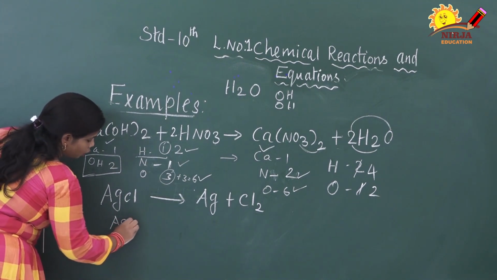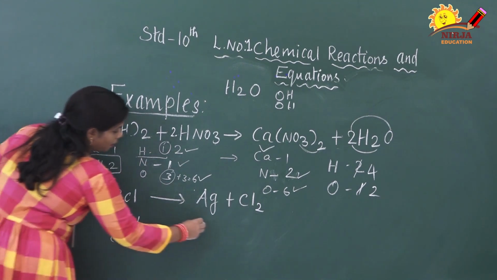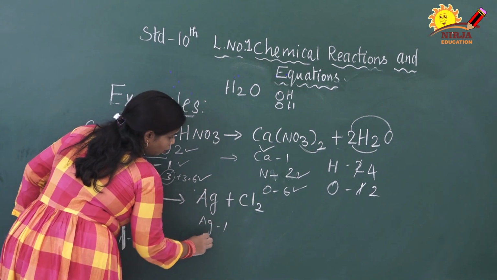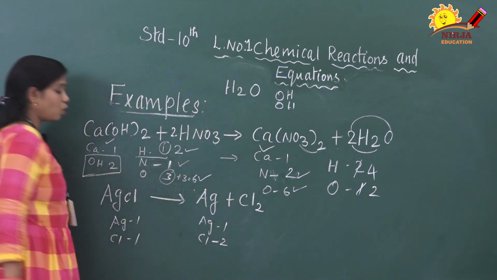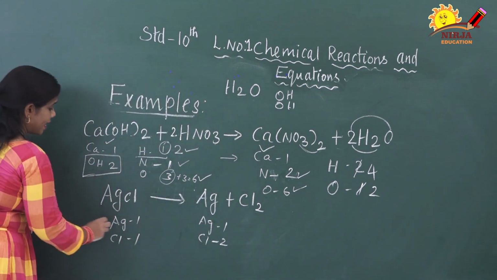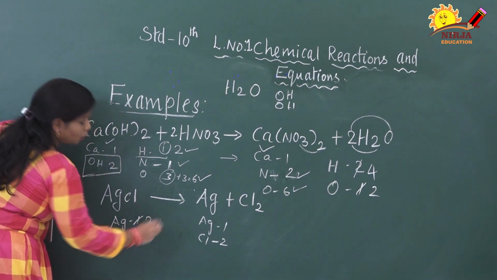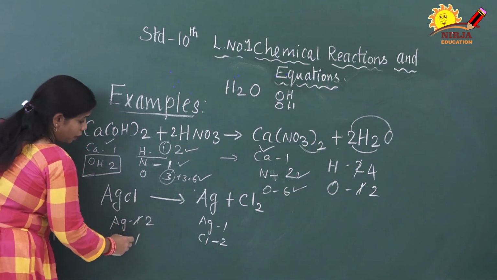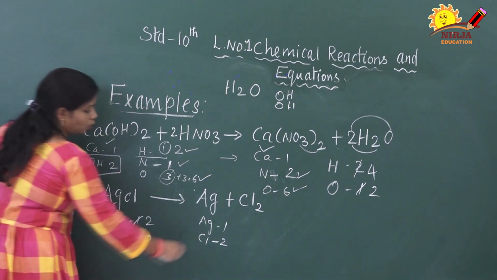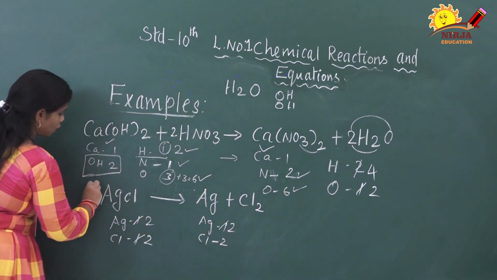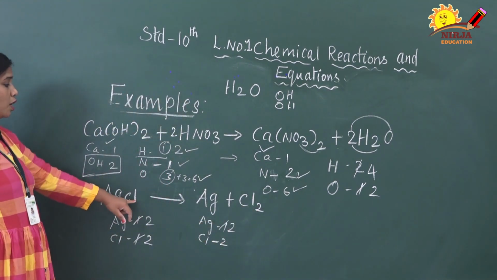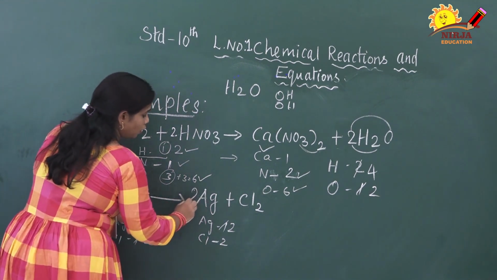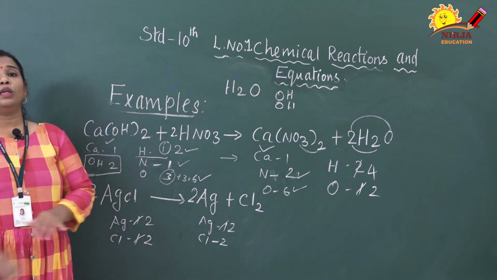Here the Ag is 1, chlorine also 1. But here Ag is 1, but chlorine is 2. So what we have to do? Instead of 1 silver you add 2 silver. So this will be 2, automatically this also 2. So equation is balanced. If I write 2AgCl, it is converted into 2Ag plus Cl2.